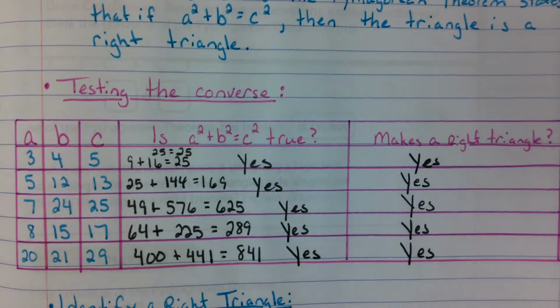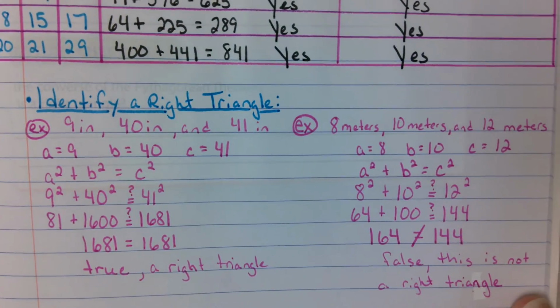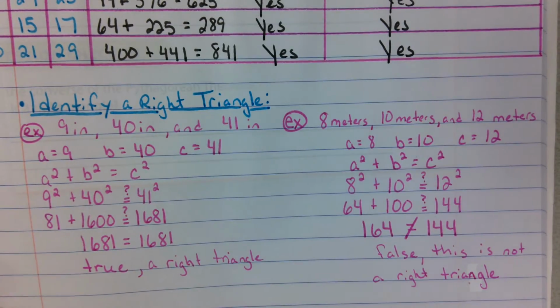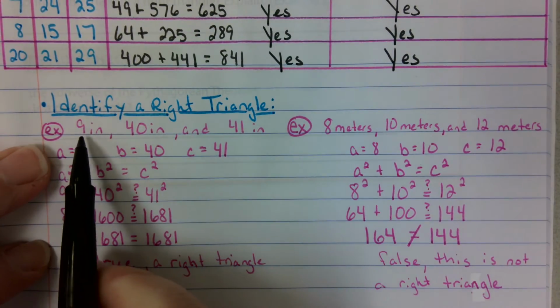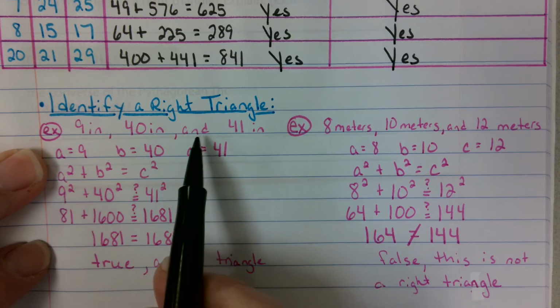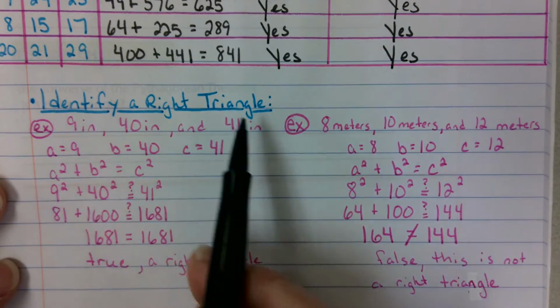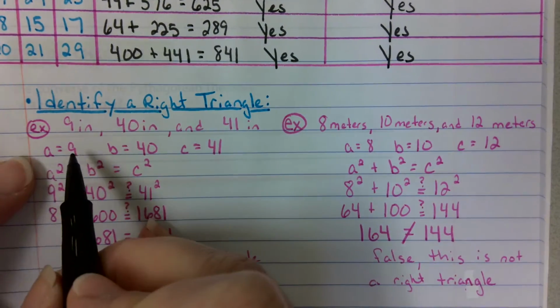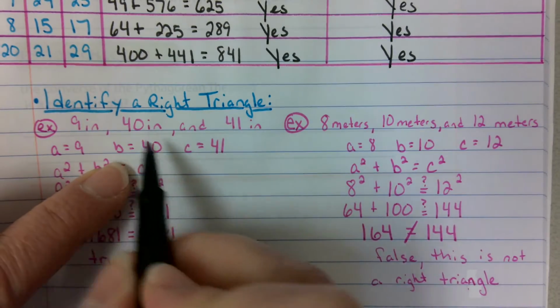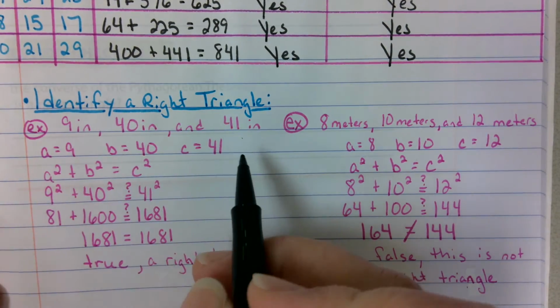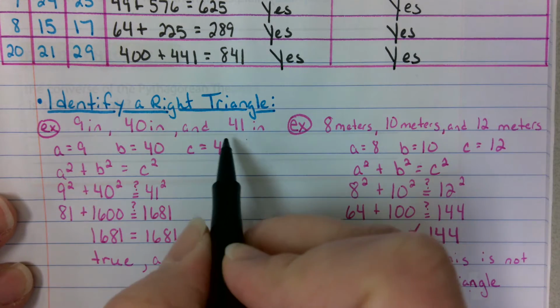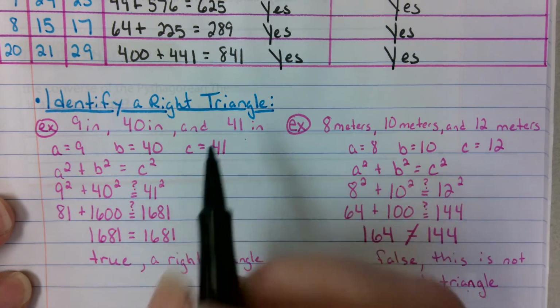I'm going to show you the work on these. So how do I identify a right triangle? In my example here, I have 9 inches, 40 inches, and 41 inches. We're going to find out if that is a right triangle. So I have A equals 9, B equals 40, and C equals 41. Remember that your longest length is going to be your hypotenuse.